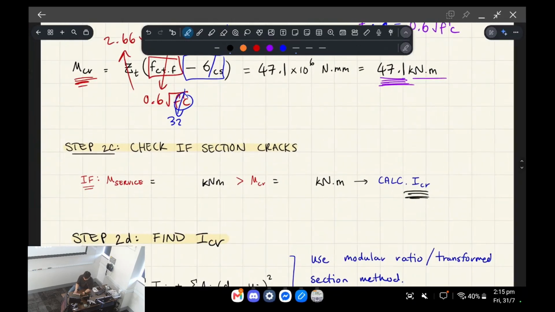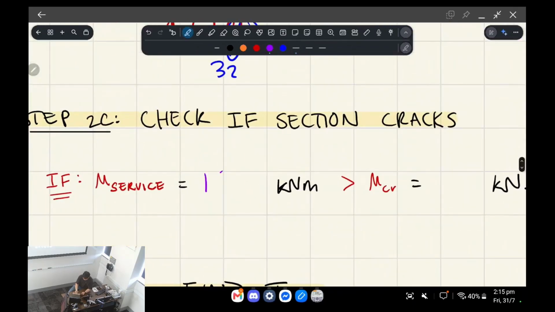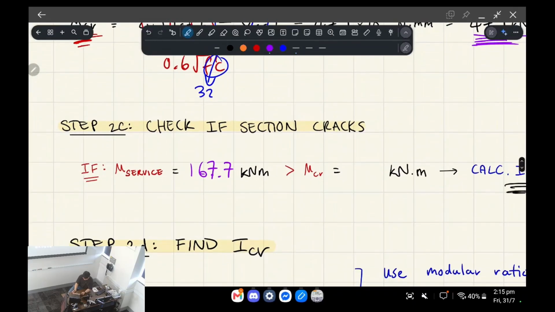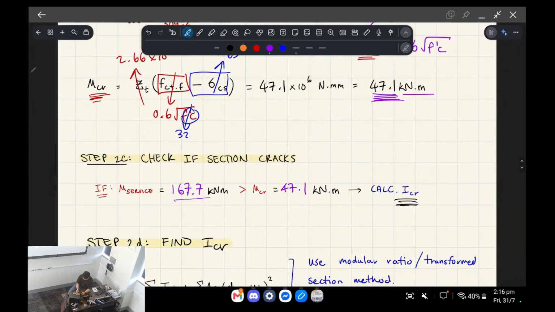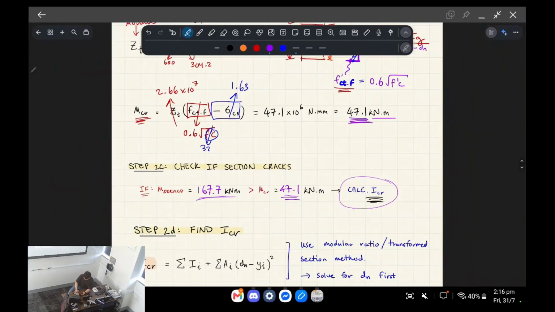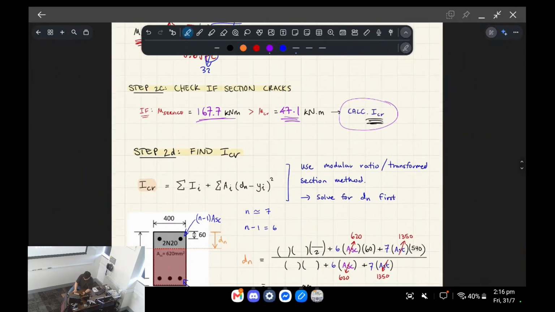For our particular case, we calculated the service bending moment, which was this, and it's greater than the cracking moment, which is what we just calculated. Since this number is bigger than this number, it means the beam is cracked, and we need to calculate the cracked moment of inertia, the stage 2 moment of inertia.